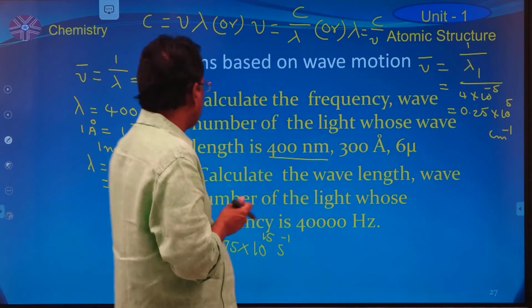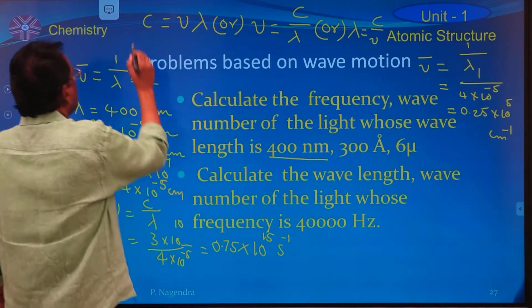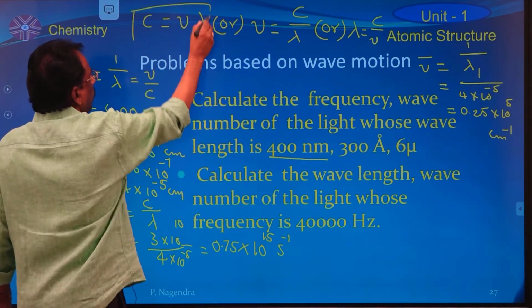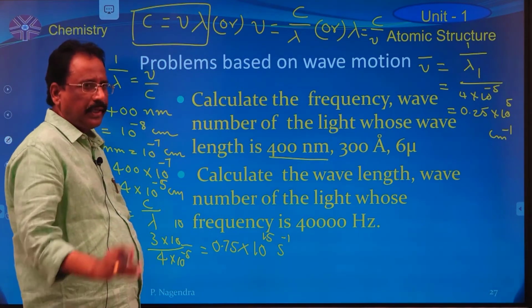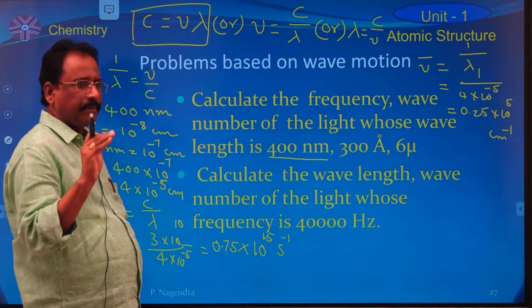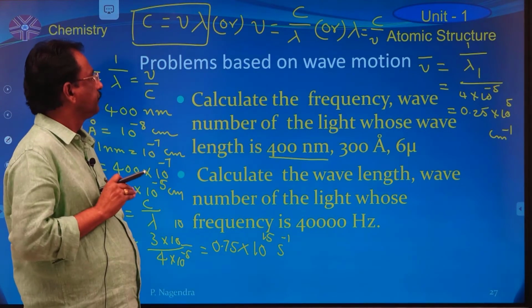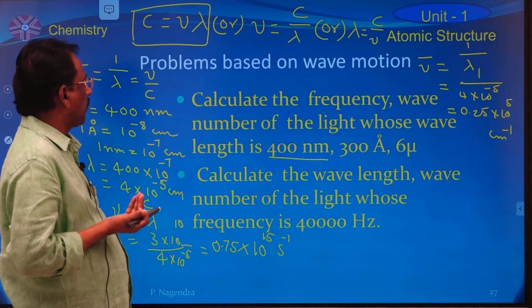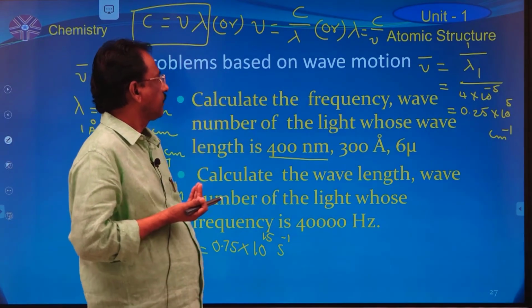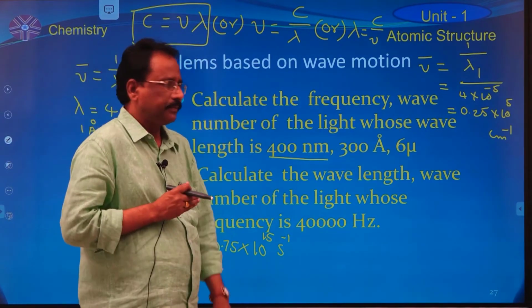A very important formula is that the product of wavelength and frequency of any type of radiation remains constant. From this, it is possible to calculate frequency or lambda.